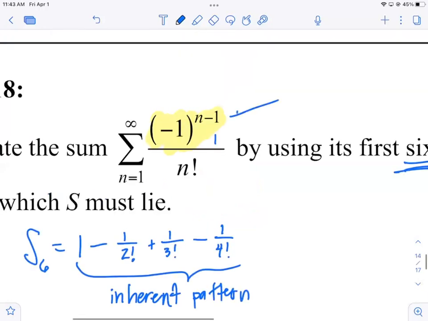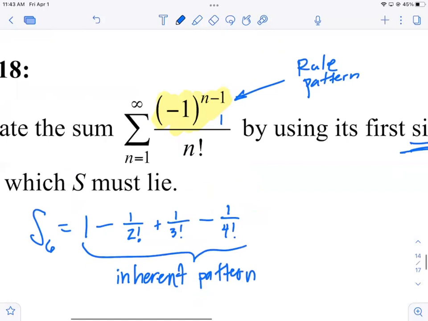That's going to be important because later on, it might be tedious to keep generating terms by a formula, but once we have the inherent pattern down, we can generate the next term pretty easily.